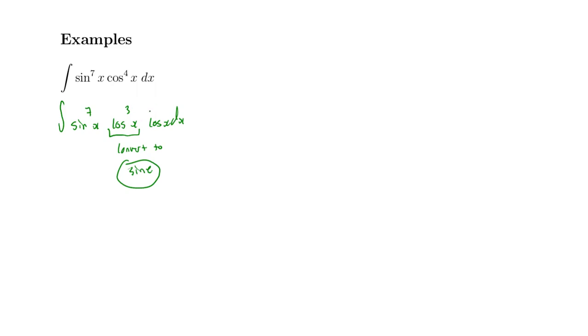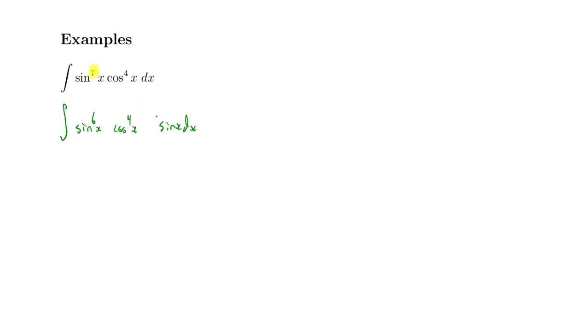Sure, if I let u be the sine function, that's du right here, but the rest of this isn't looking very good. So what we can do instead is notice that this odd exponent means that I can peel one copy of the sine function off, and I'm left with sine to the 6th times cosine to the 4th.